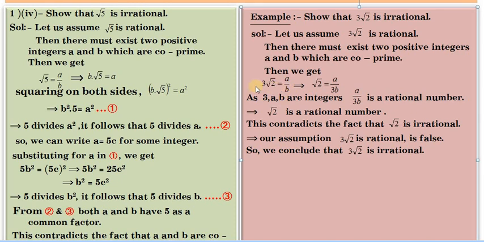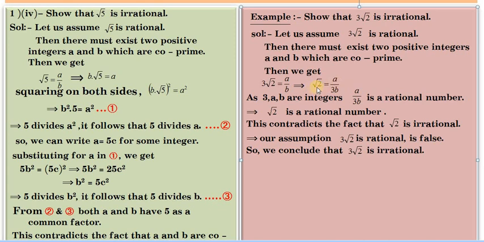Now if we transfer 3 to the right side, keeping root 2 on the left side, then what happens? Root 2 is equal to A by 3B. Now A is an integer, 3 is an integer and B is also an integer. So A by 3B will be a rational number. So A by 3B is a rational number means root 2 is equal to a rational number.